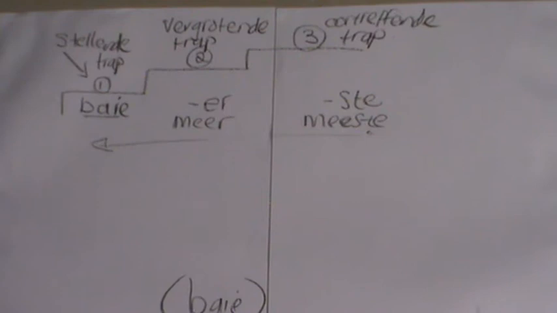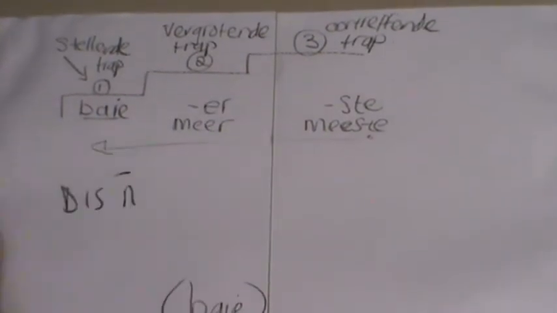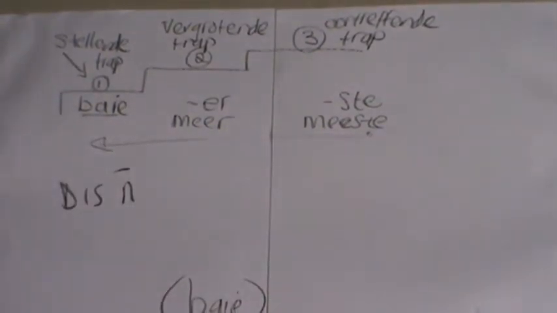Let's do one sentence. In your grade 9 textbook, on page 245, there is an activity 15. I'm going to do the first sentence and I'm also going to do the last sentence.